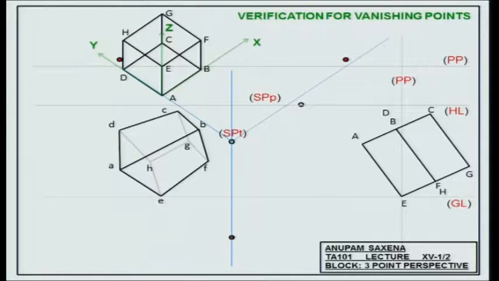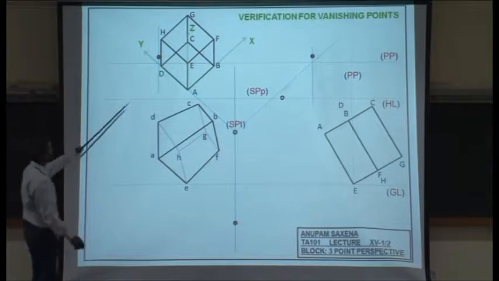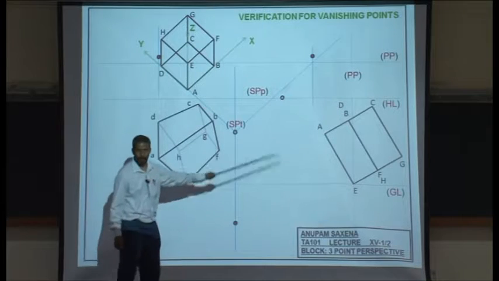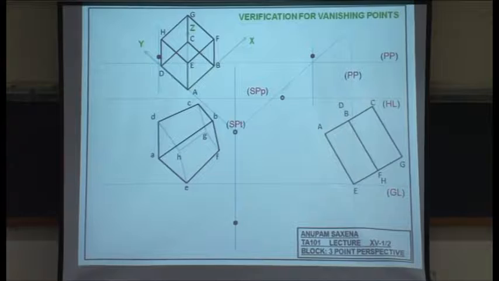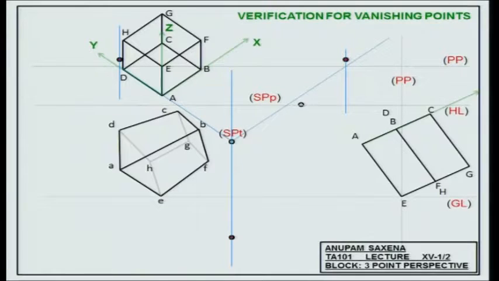These three blue lines are going to be hitting the picture plane and they are going to be releasing the respective verticals, right. So, on these verticals, I expect my vanishing points to lie. Fine? With me? Good. I will do the same thing with my profile view. This is what?